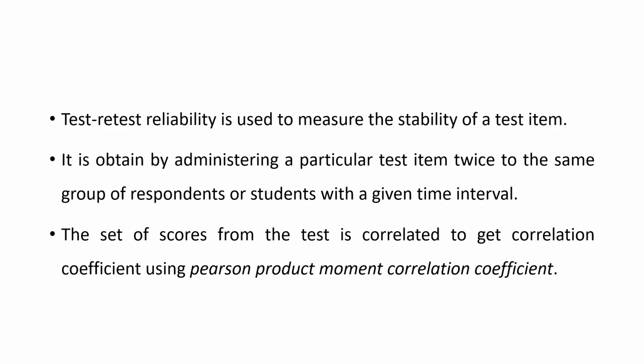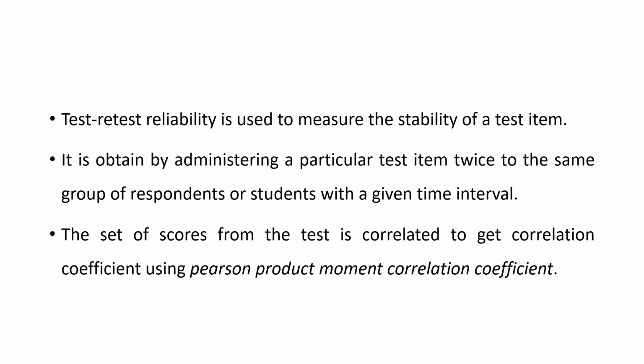It is obtained by administering a particular instrument twice to the same respondents with a given time interval. I'll give a small instance here. During your pilot testing, you give an instrument to a group of respondents, maybe 30. The first time, you give them the test. Two weeks or three weeks after, you give them the same test again.